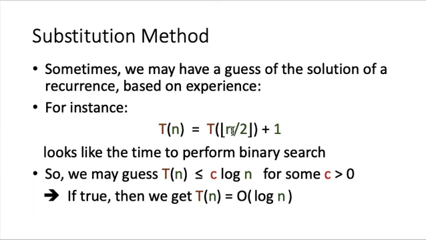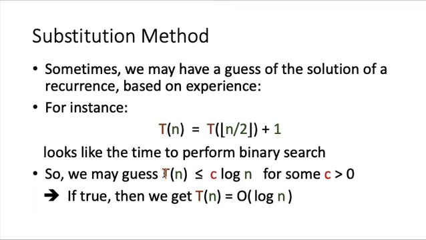Now if we remember this, then we may guess t of n is of the order of log of n. So we may guess t of n is less than or equal to some constant c multiplied by log of n. And if it turns out to be true, then we get t of n is equal to big O of log n.